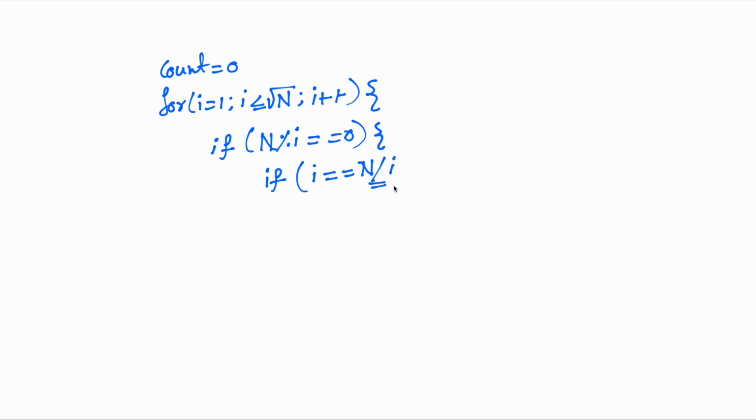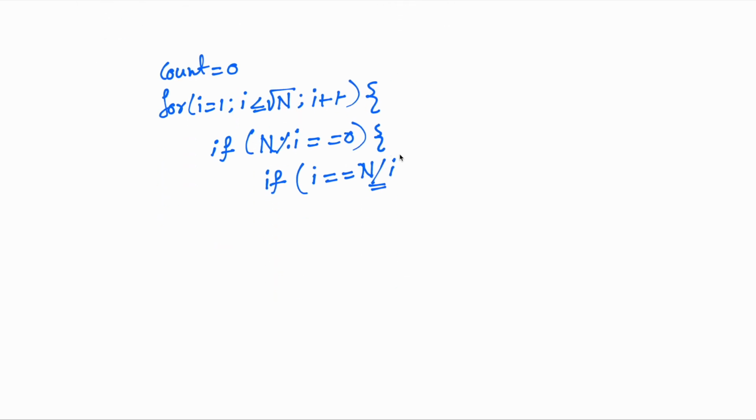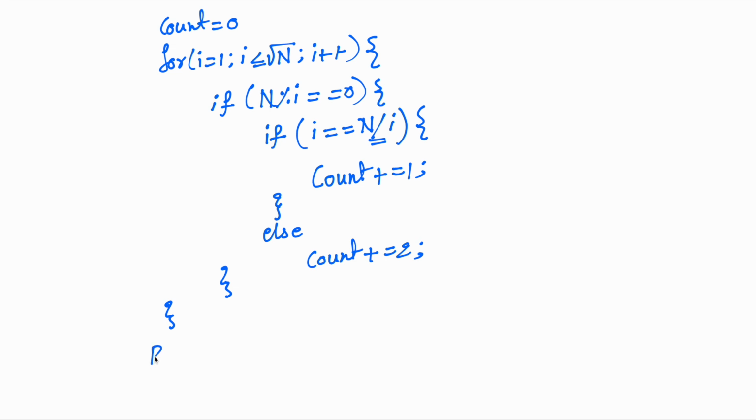This is j. If i and j both become the same, which means there is only one factor, the pairs are the same, count plus equals 1, and else we have to count twice, right? And this is over, and then we can print count.